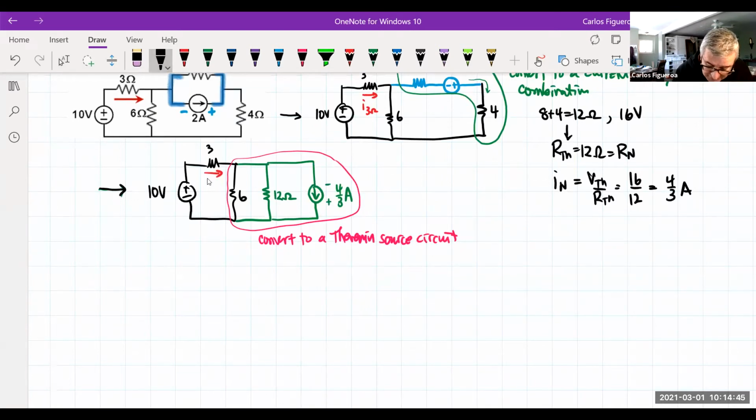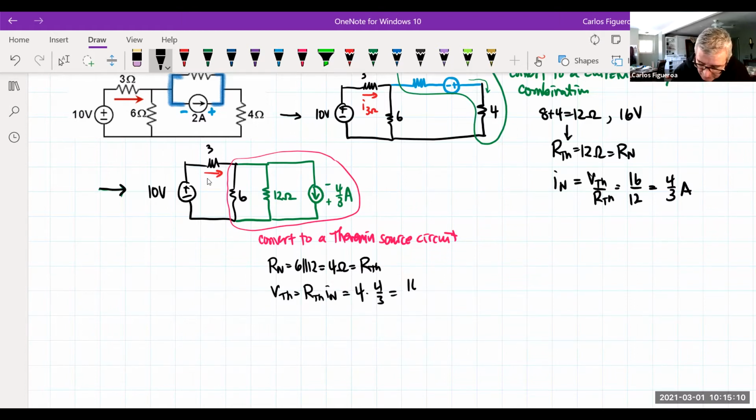Then I've got to get my voltage source here. I know that R Norton is 6 parallel to 12, so that is a 4 ohm resistor, which is the same as my Thevenin. Then I need my Thevenin voltage, which should be R Thevenin times I Norton. So in this case, it should be 4 times 4/3, which gives me 16/3 volts.